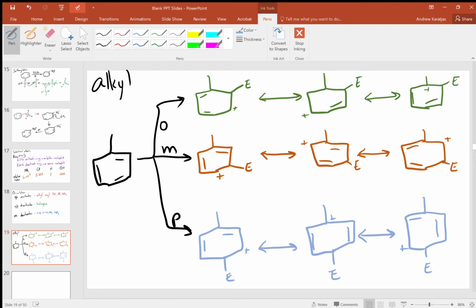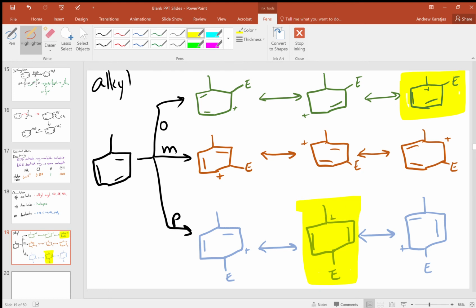So why is it that we get ortho and para substituents from something like an alkyl group? Well, we want to very carefully draw our attention to 2 of these resonance structures, and I'm going to highlight them in yellow. So what is it that's special about these 2 resonance structures that I've highlighted?